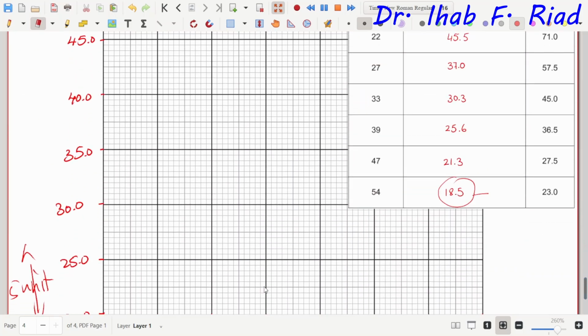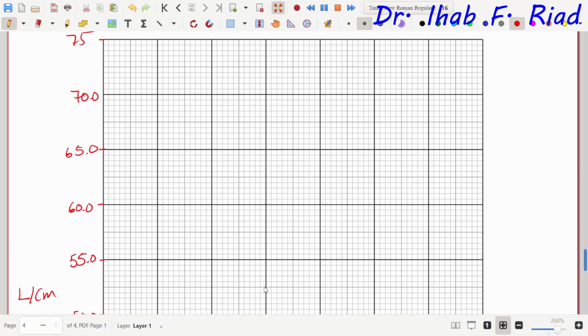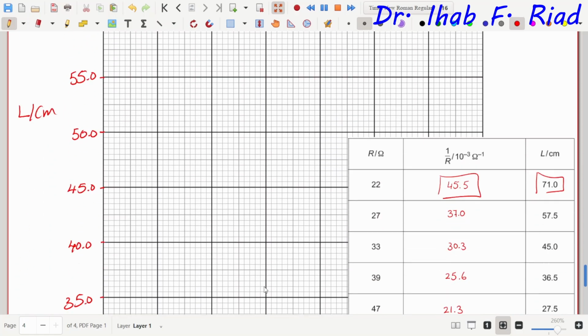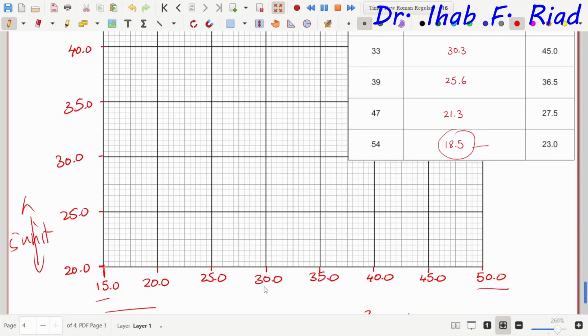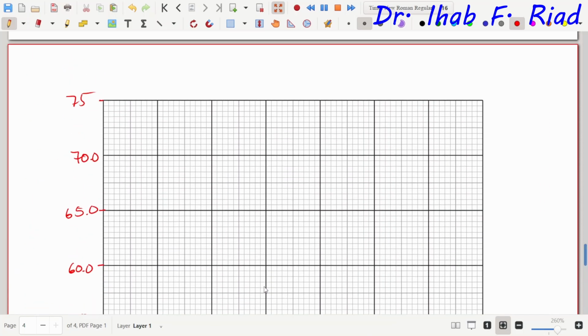Now we would like to represent 45.5 and 71. Notice that for that we have to start from the top. Sometimes it might be useful if you make a copy of your scale on the top line over here.